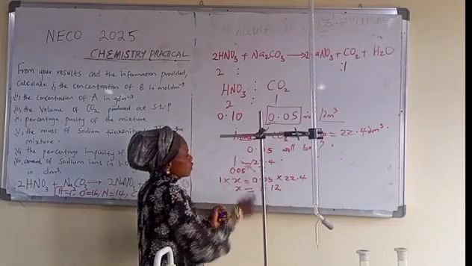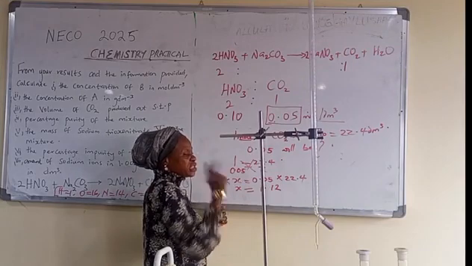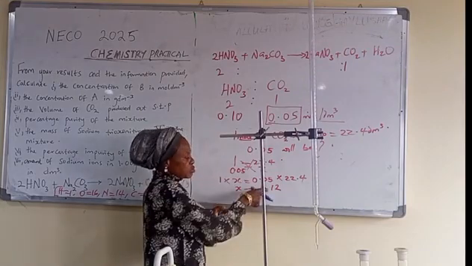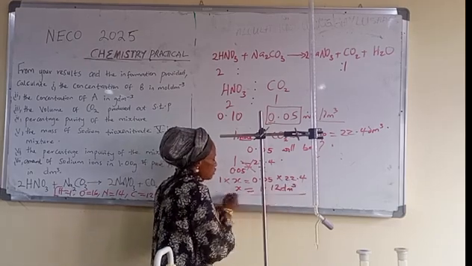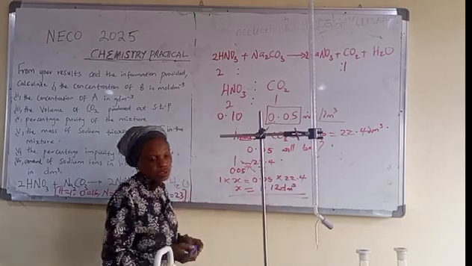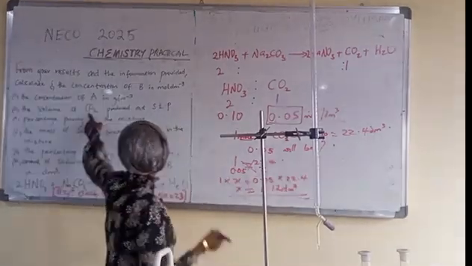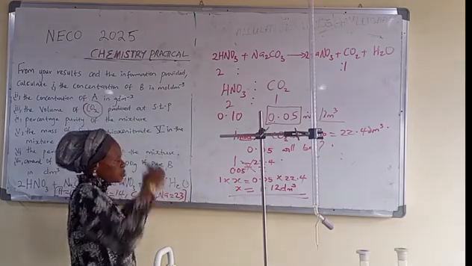You see? Don't forget the unit. If the unit is not given, you get 0 for this mark here. So you put your dm³. So this is the volume of CO2, carbon dioxide, it has asked us to find at STP.